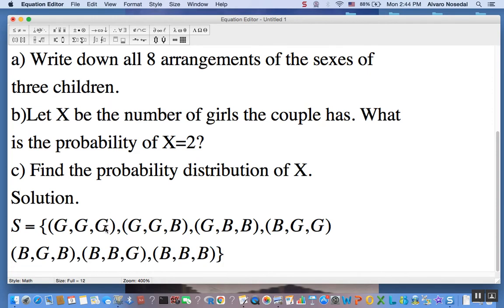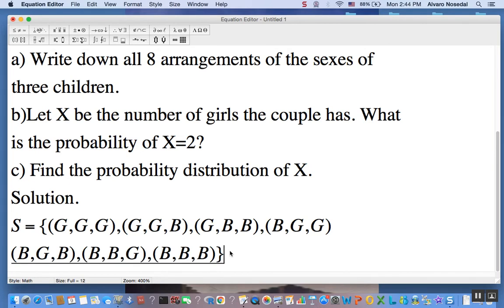Do you agree that those are the 8 possible sequences, the 8 possible outcomes for this random experiment given our assumptions? Make sense?